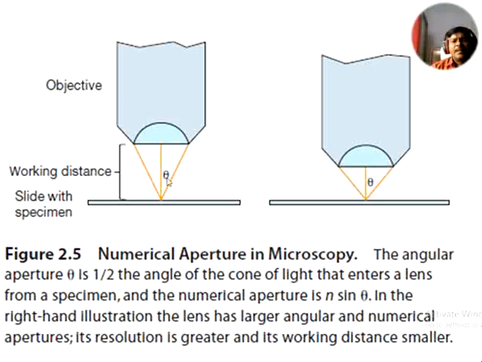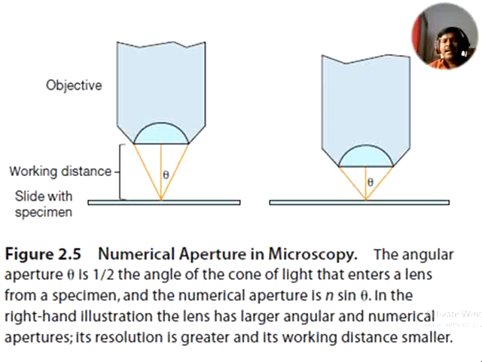Okay, and here the angle theta is formed. So the angular aperture theta is half of the angle of the cone of light that enters a lens from a specimen, and the numerical aperture is n sin theta.